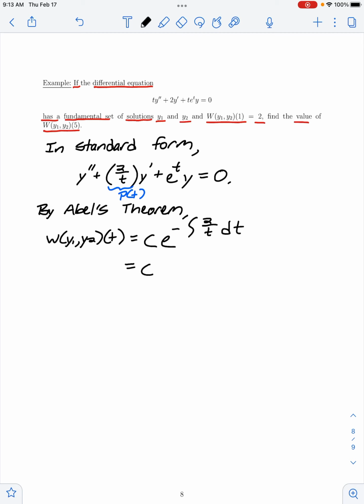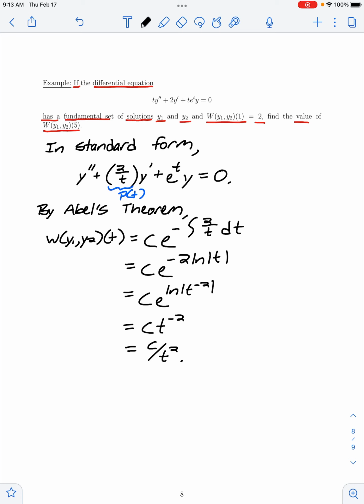We have some constant c times e raised to the negative 2 natural log of t. If I bring the negative 2 into the argument of my logarithm, I have c times e to the natural log of t to the negative 2. And so I'm left with c times t to the negative 2, or if you prefer as a fraction, c divided by t squared.